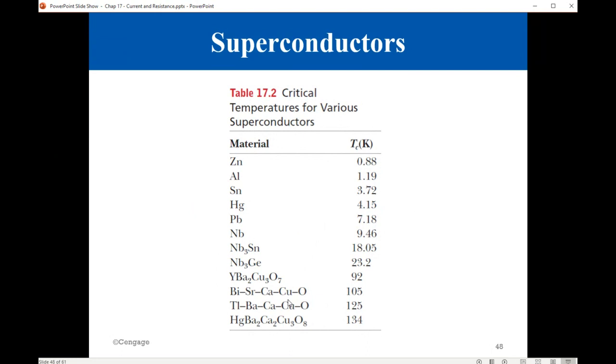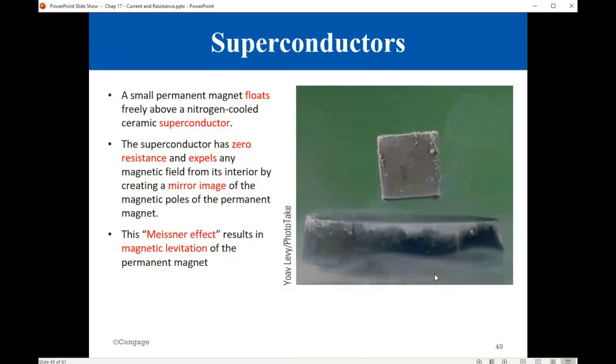However, recently it was possible to mix elements and to create superconductors at relatively higher temperature. Okay. This is just one example of the superconducting behavior, the magnetic floating or magnetic levitation of permanent magnets.